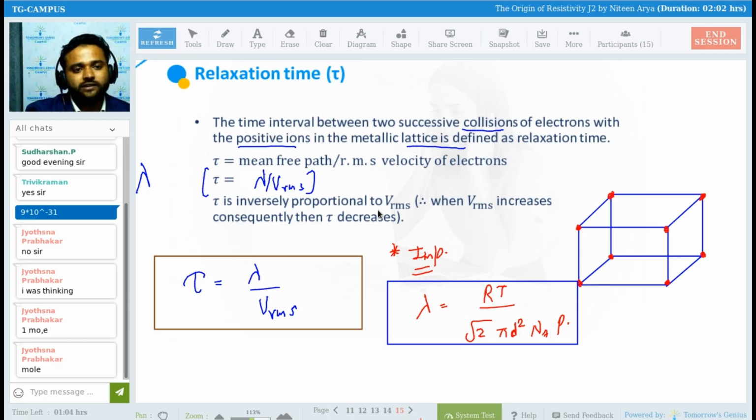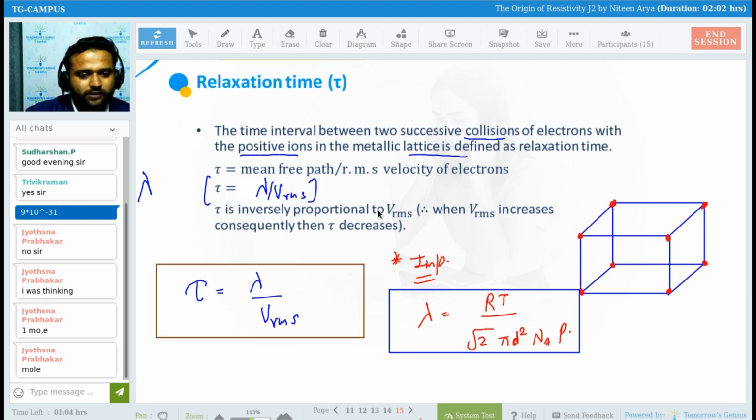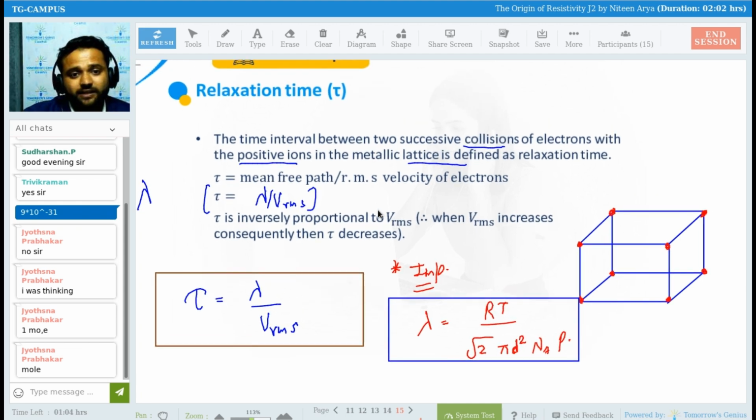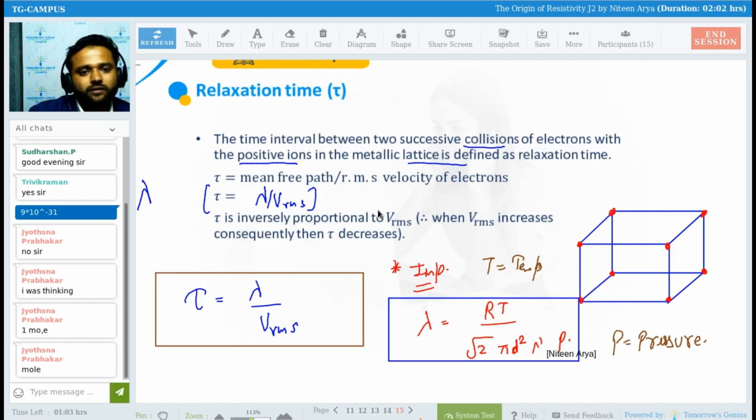So now you can find the relation. This is tau, relaxation time, and this is temperature. Two are different things. T is temperature, P pressure, R is universal gas constant, and NA is Avogadro number. Is this clear, everyone?